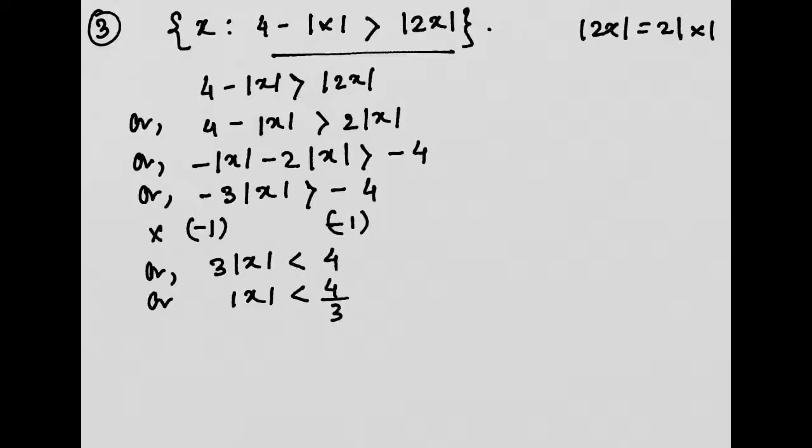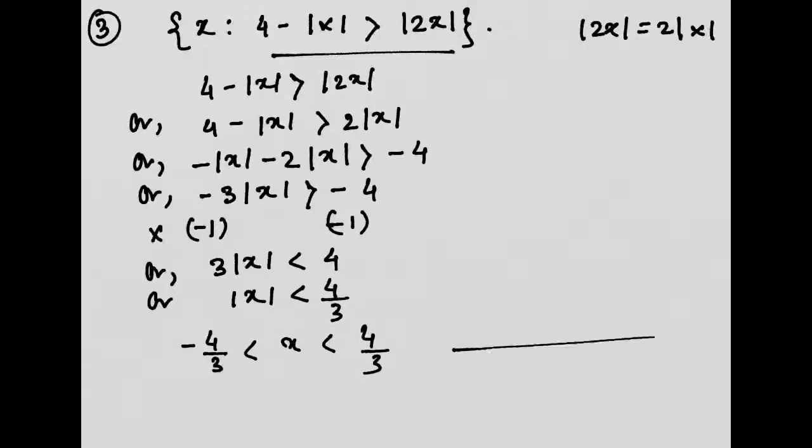Now what I am getting is x less than 4 by 3, meaning x should lie in between, minus 4 by 3 and 4 by 3, and that is my solution set.